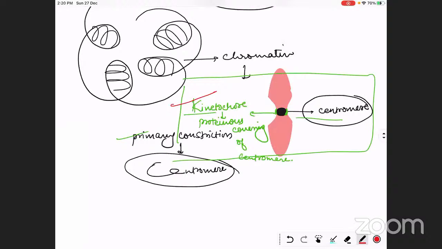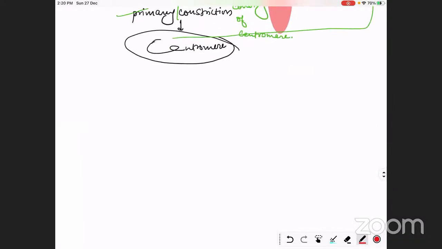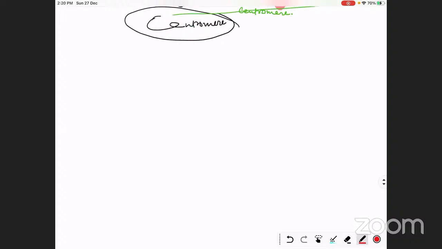Okay. Now, on the basis of the centromere, chromosomes are classified into four types.